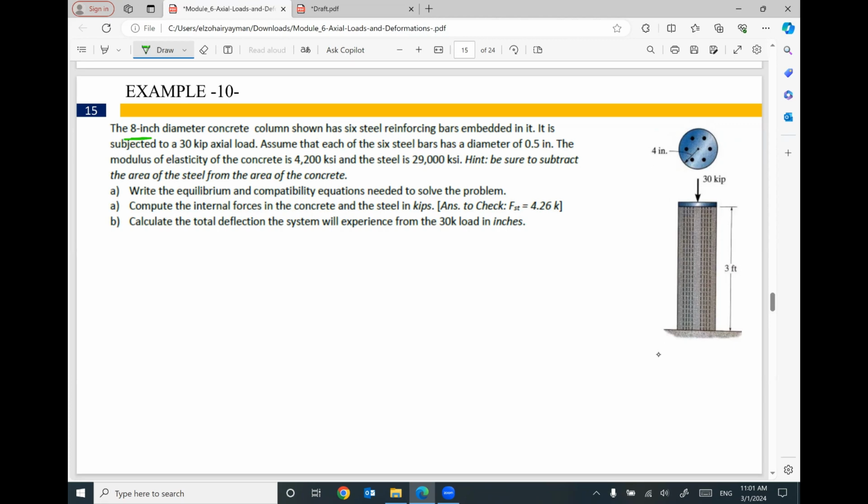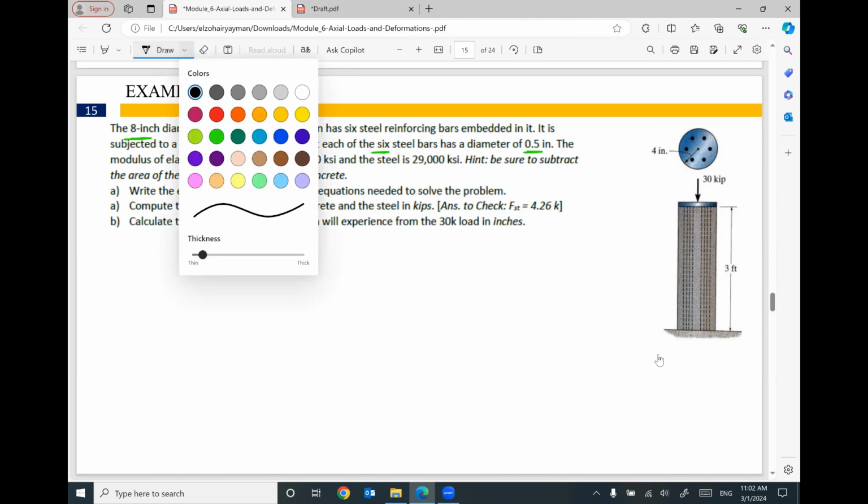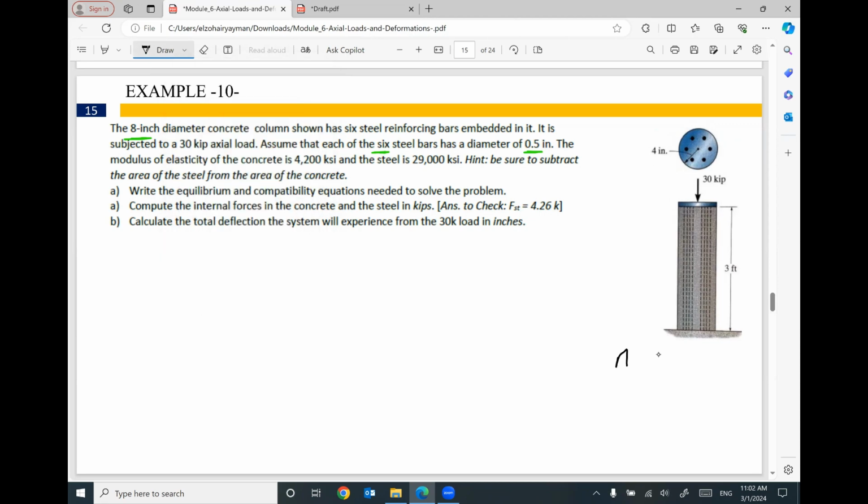Each rebar, the 6 rebar, has 0.5-inch diameter. So if you would like to figure out the area of steel, it equals pi divided by 4 times 0.5 inch squared. This is the area of one rebar.